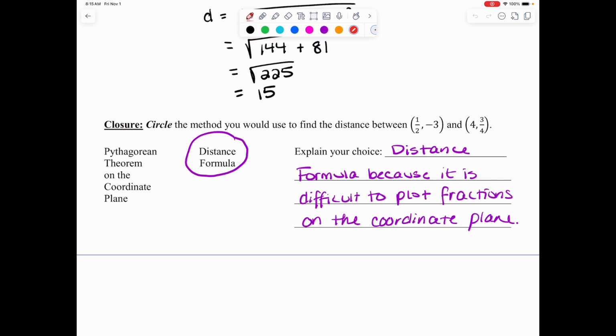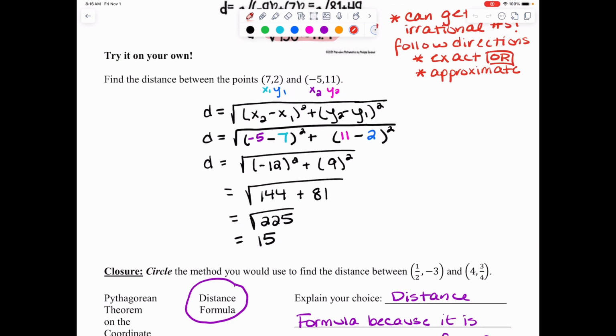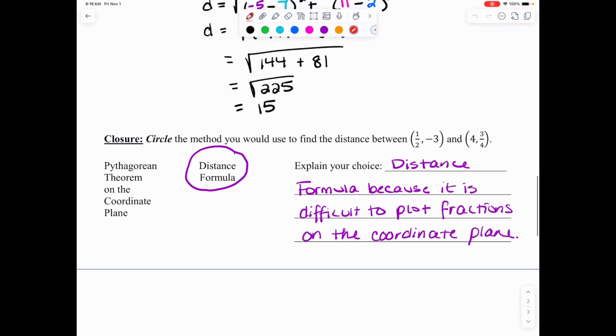So for our closure question, the method that would make the most sense to find the distance between these 2 points would be the distance formula. I circled that. And I did that because I want to discuss one other benefit of the distance formula. I already talked about the fact that the distance formula is needed because our distances are not always on a coordinate grid. Now, one could argue that some of these coordinates that I've given you, you could go plot on the coordinate grid.